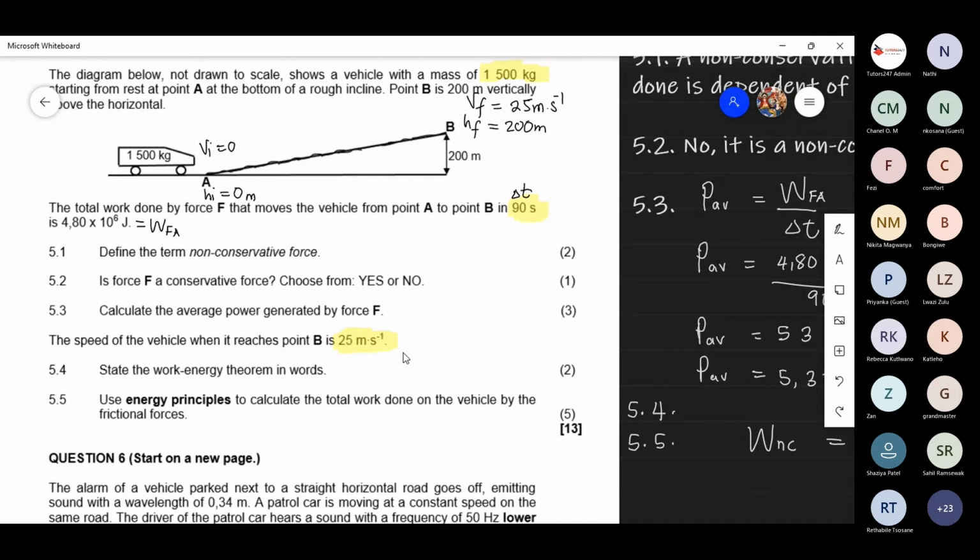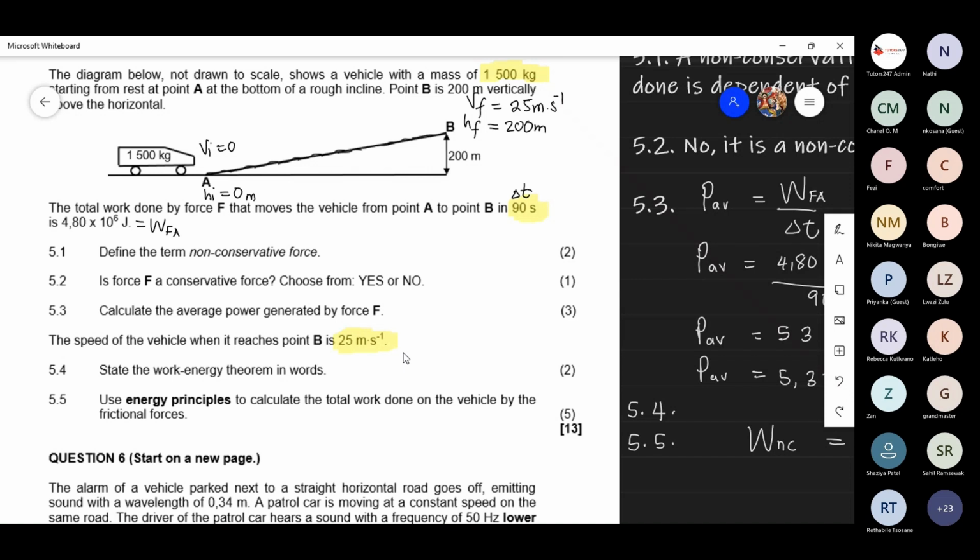So we're basically just going to ignore that, okay? Because the work done by a normal force is always 0, whether it's an incline or a horizontal plane. So we can ignore it. I'm going to focus on the 3 forces that are involved, which is applied force, gravitational force, and frictional force.